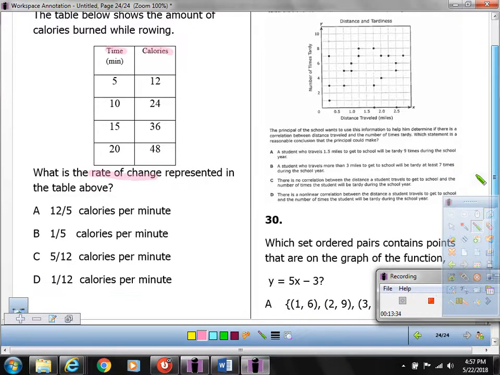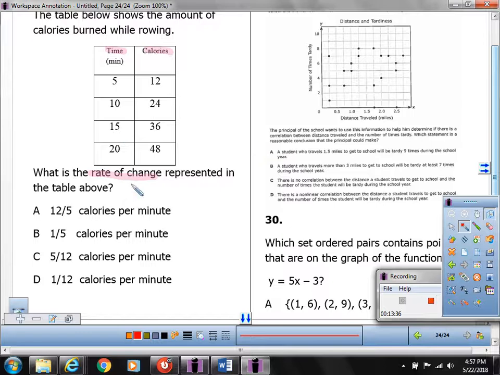So another word for rate of change is slope, and you need to know that. Those are the same exact thing. If you were looking at an equation, the slope in this type of equation, which we call slope-intercept, the m would be your slope, which is also your rate of change.